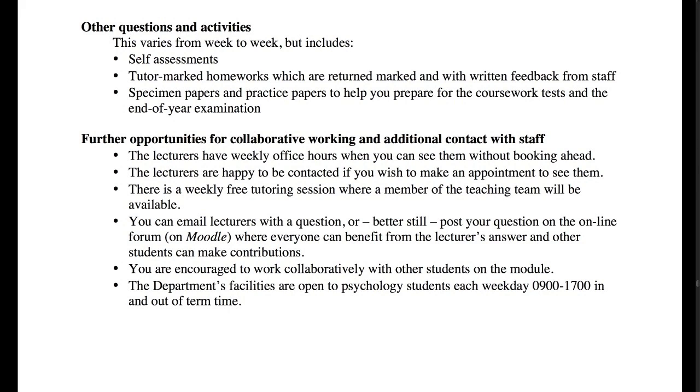And any time between 9 and 5, in and out of term time, you can come and use those facilities. So if you have questions about that, do email me, but more importantly, during the year, once you've been given your work, do keep in contact, do make contact if you're not sure about things.